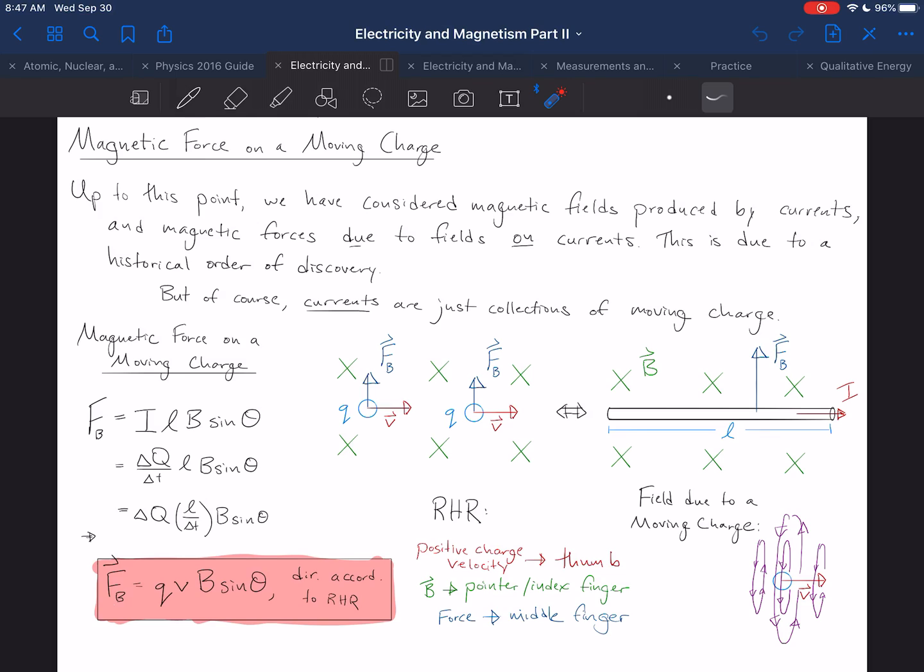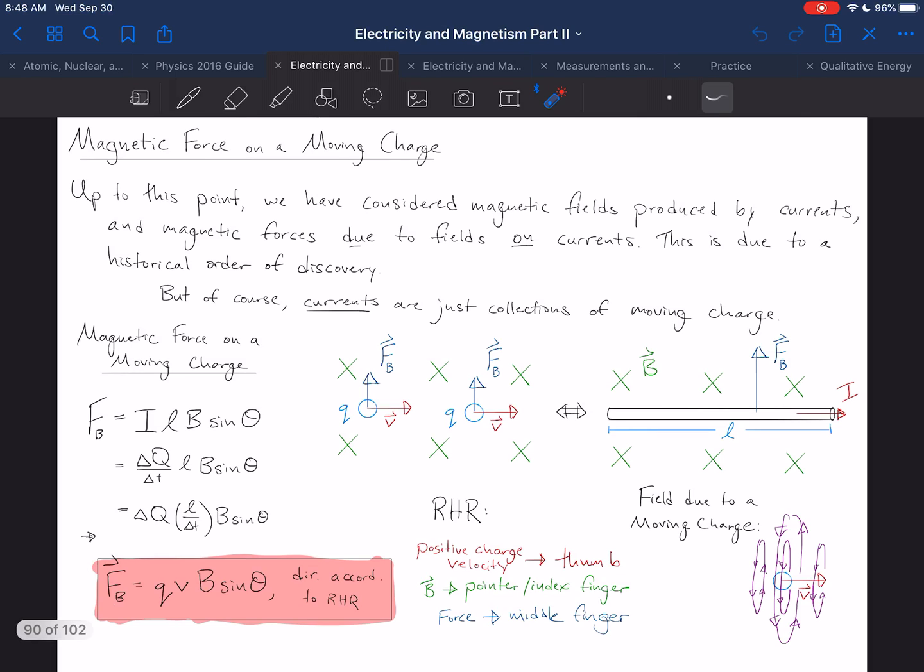But at this point, hopefully it has occurred to you that there is nothing special about current-carrying wires, right? There's a weird sense in which what we have just characterized is super dependent on current-carrying wires wired into circuits and things like that.